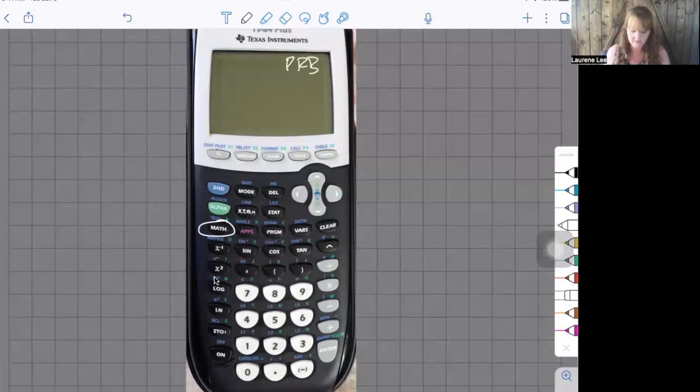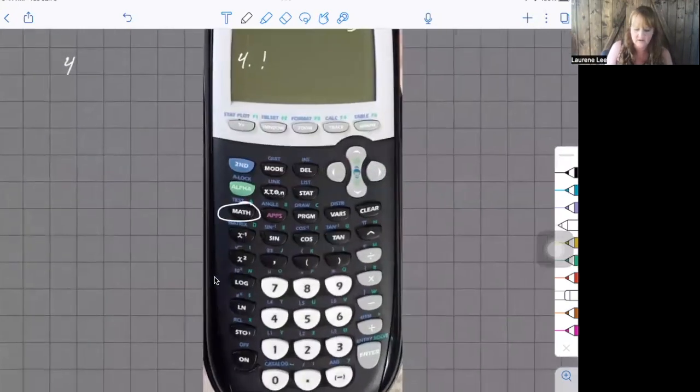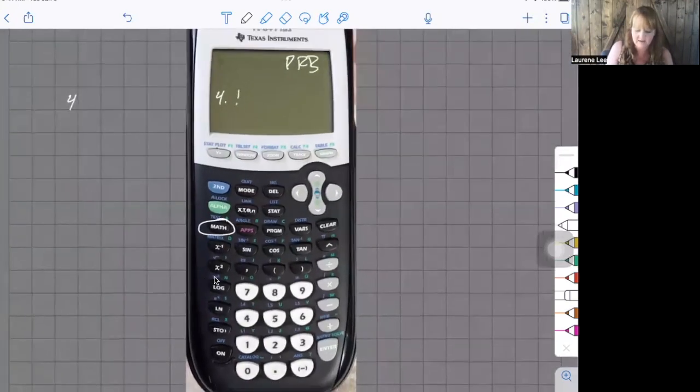And you scroll down, the 4th option has an exclamation point right there. So what you'll want to do is start on your home screen, hit the 4, and then come over, hit math, then go over to probability and enter the exclamation point, hit enter again, and you'll get 24. Okay, so that's how you do that.